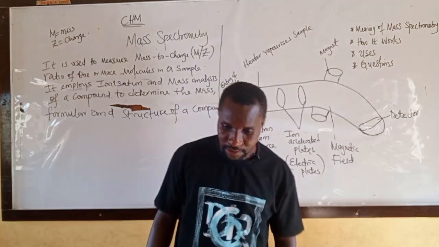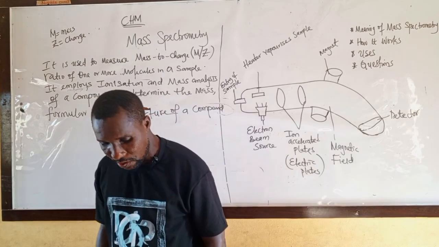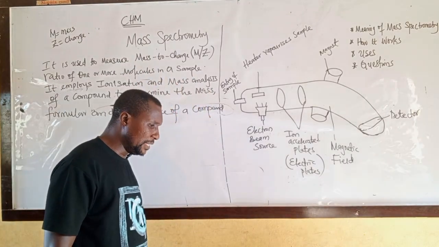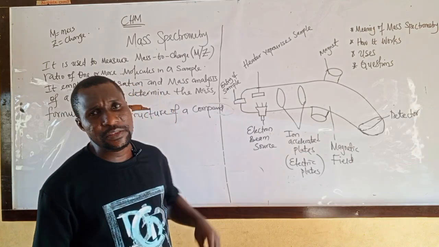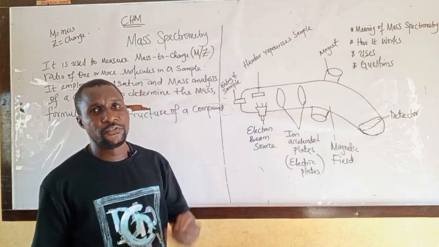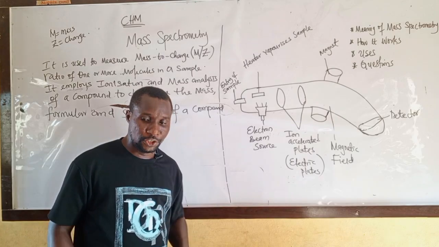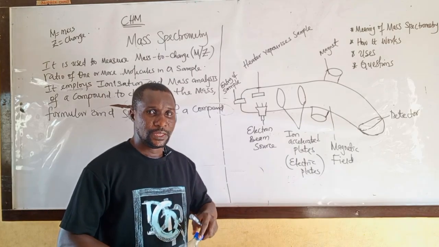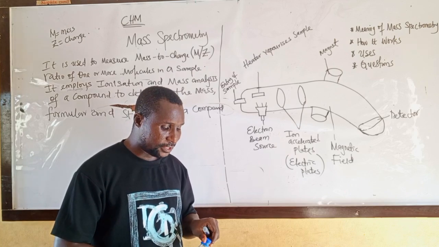Then the next thing is to look at how it works. How does this device work? To make it simpler, I will divide how it works into four stages. The first stage, I will call the ionizer stage.